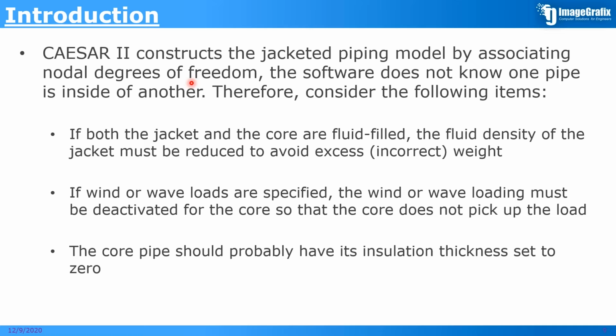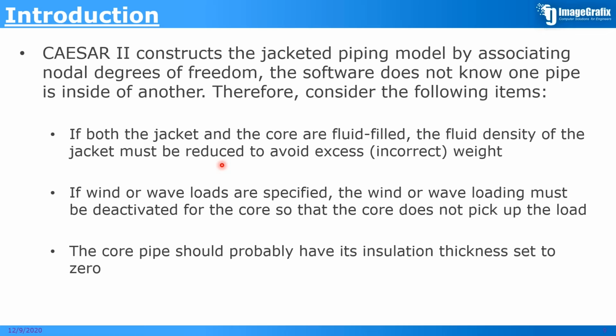Based on that only, my jacket piping association is happening in Caesar. And Caesar, or the software, does not have knowledge that there is a pipe inside a pipe. So this is something we need to be very careful about whenever we are modeling our jacket pipings. If both the jacket and core are fluid filled, the fluid density of the jacket must be reduced to avoid excess weight.